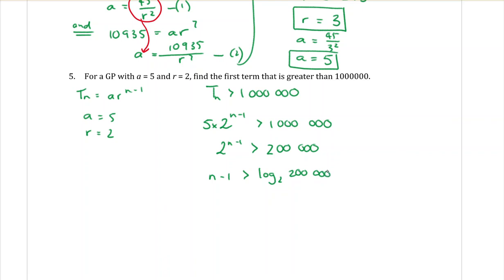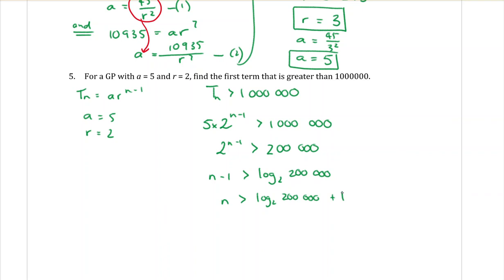And, sorry? Sliding base. Oh, yeah, I will do a change of base to type it in the calculator. But before I do that, I'm just going to move the 1 across as well. So log base 2 of 200,000, and it's going to be a plus 1 on the end.